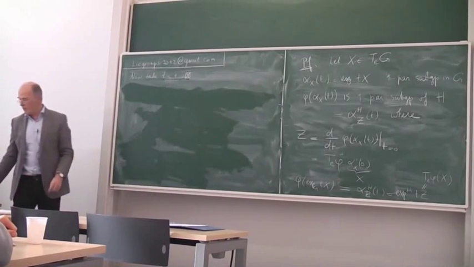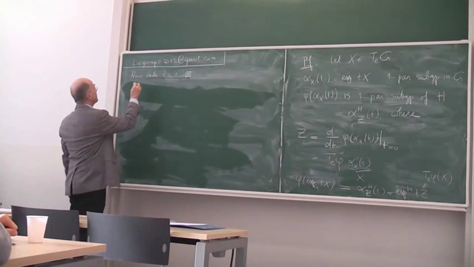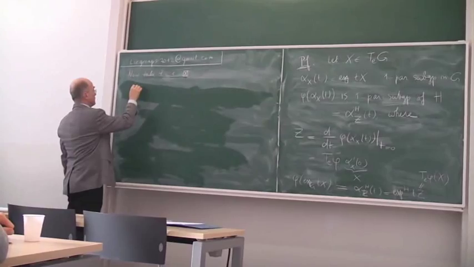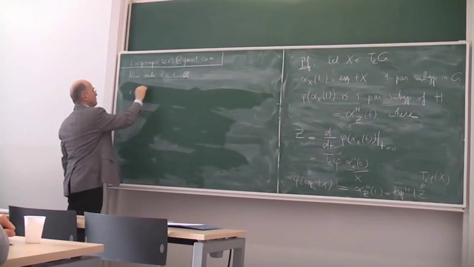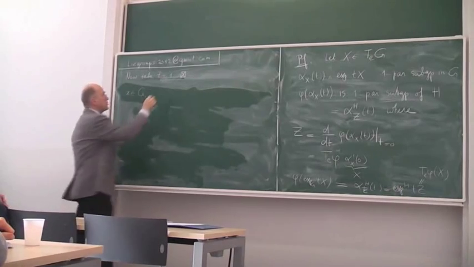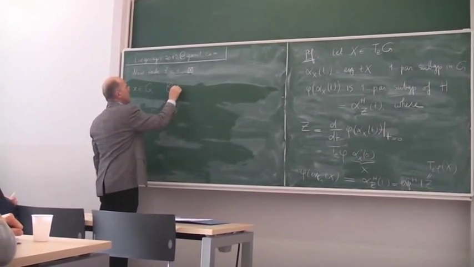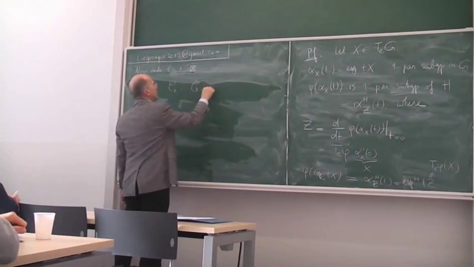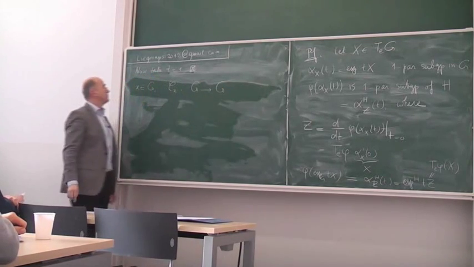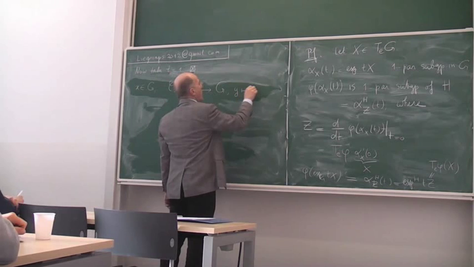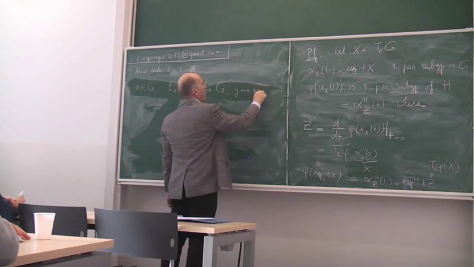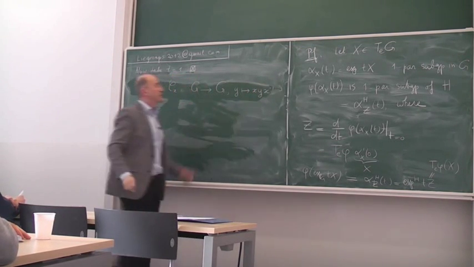So what do I mean by this? Well, suppose that we have an element x in G. Then this produces a map, conjugation by x, which is a map from G to G. And it maps y to x y x inverse.